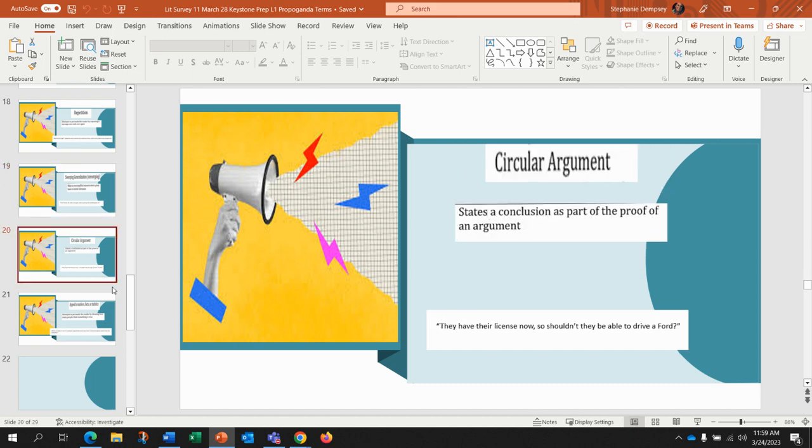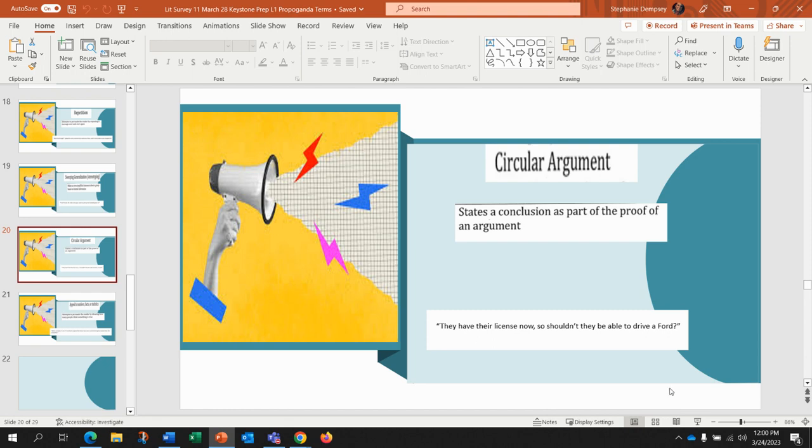Then we have a circular argument. This is stating the conclusion as part of the proof of an argument. So, "I have my license, so shouldn't I be able to drive a Ford?" That argument would say that you should buy me a car because I can drive. I have my license. So it starts at the end of the argument, at the beginning. Just because a teenager has their license doesn't necessarily mean they can afford to drive a car or get a car.